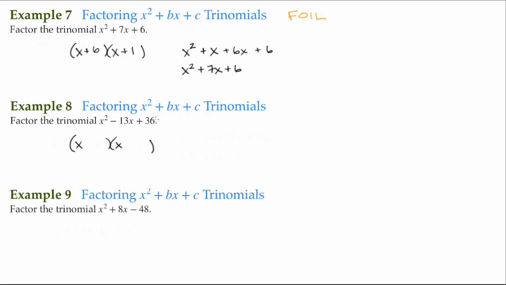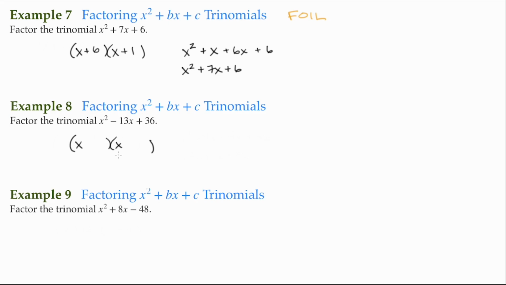So I'm going to think of two values that when I multiply together are going to come out to be a positive result. There's only two ways that can happen. That's if both the factors, both those values, are positive like we had up here, or both are going to be negative. When you multiply two negatives, you also come up with a positive. So both of these are going to be negative.